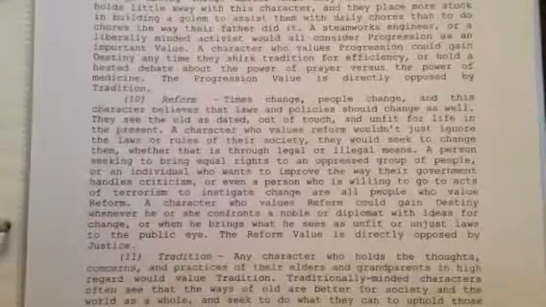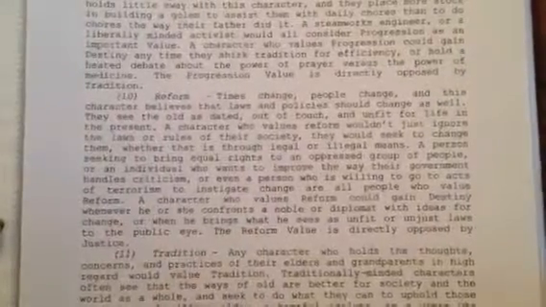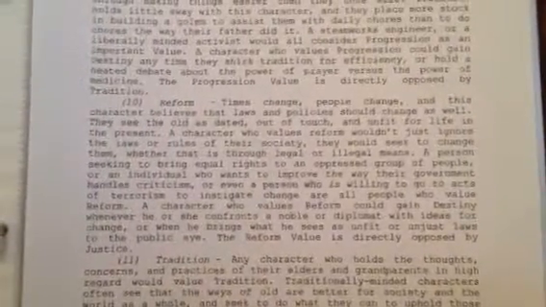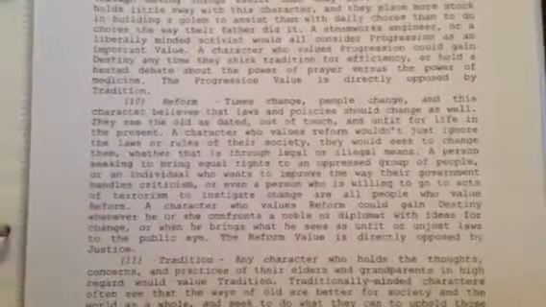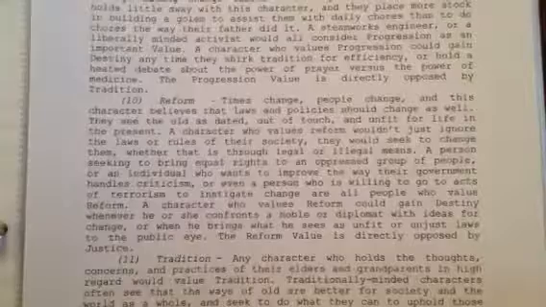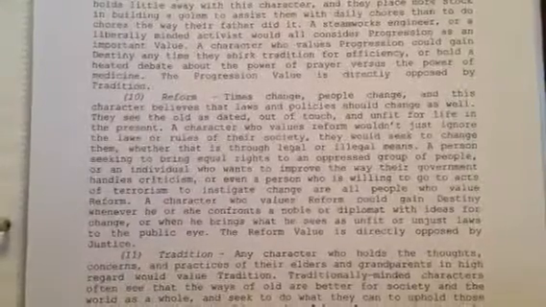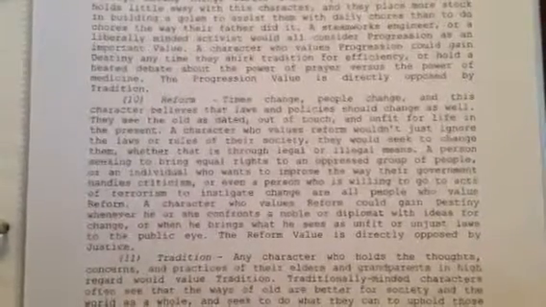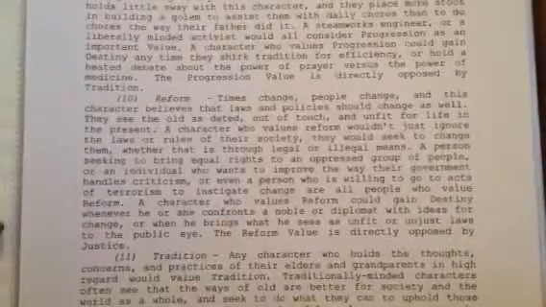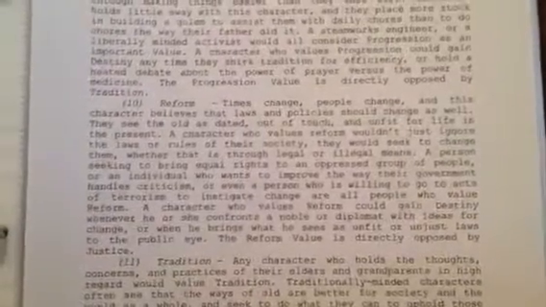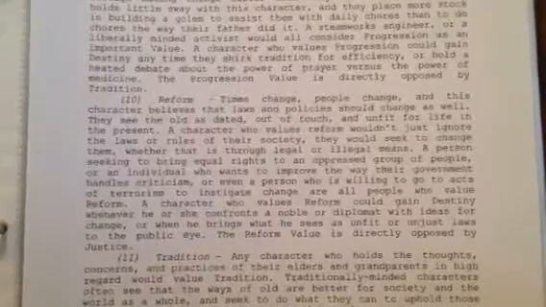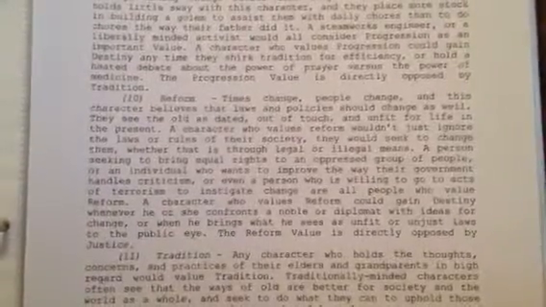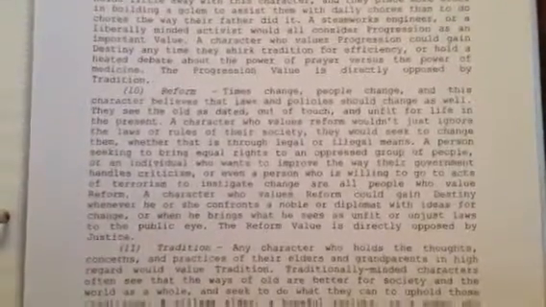They want to see what's considered right and wrong, or what's considered good or bad, thrown up in the air and started over again from scratch. Characters who value reform would be like revolutionaries, guerrilla fighters, anybody who seeks to change the current power, and that's directly opposing justice. So you can't have reform and justice, you can only have one or the other.